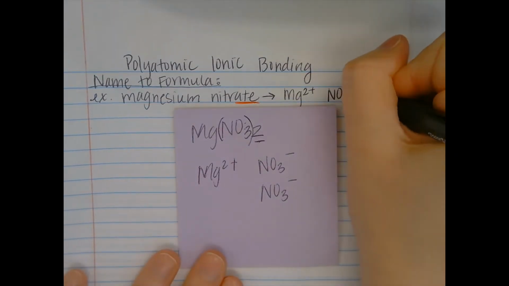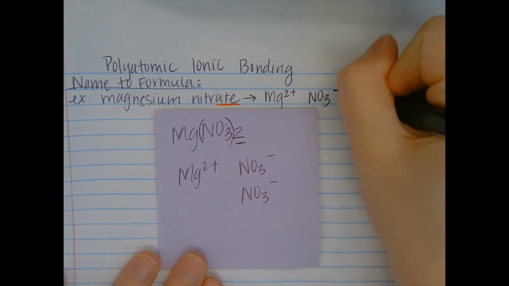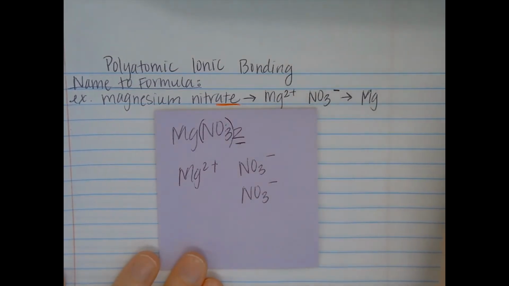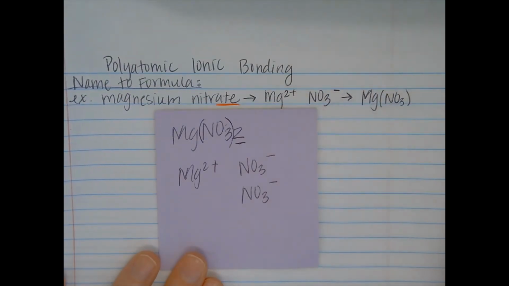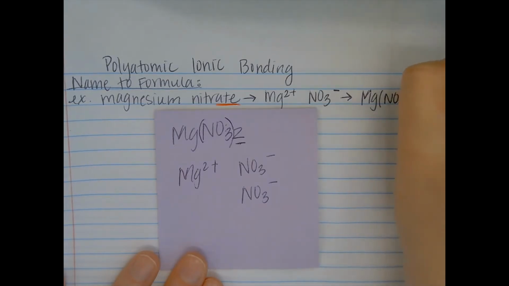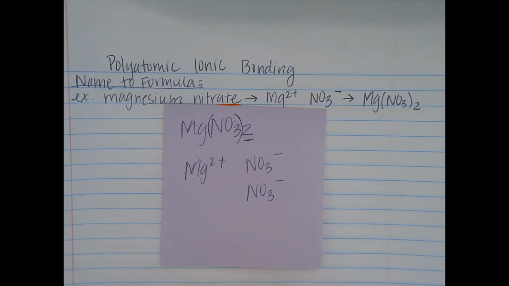So if I write this as my formula on my notes, I'm going to write Mg, because your cation still goes first, then parentheses, NO3, because it's a group and I need 2 of that group of ions.